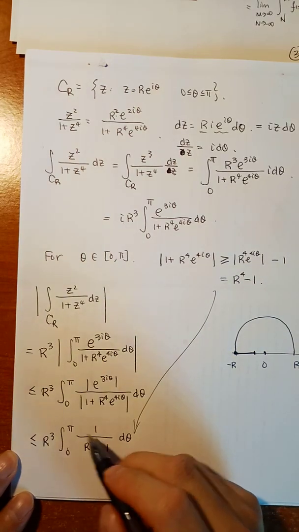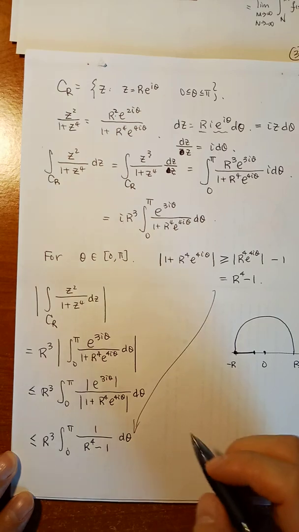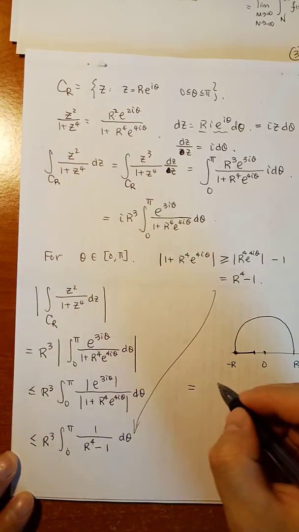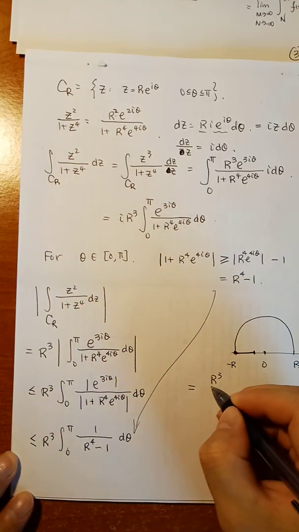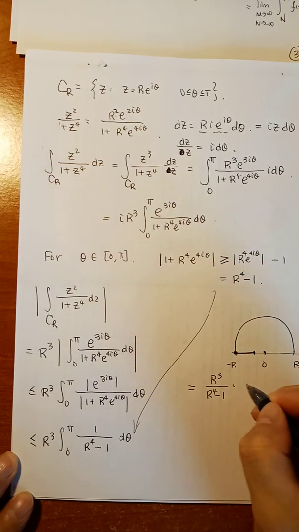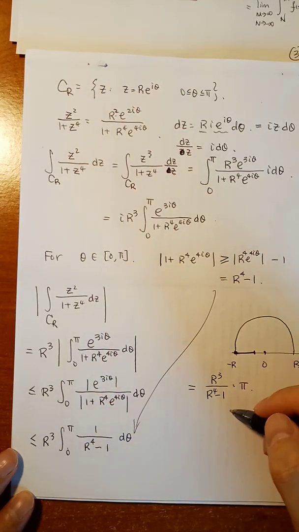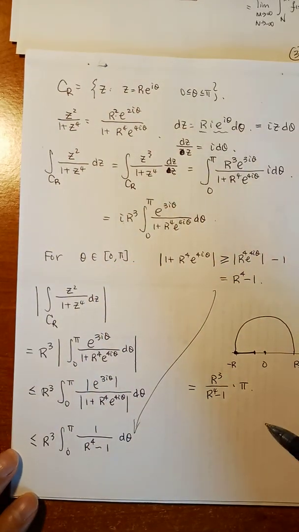And this is constant, so the integral of a constant means this constant times the length pi. So it's equal to R cubed over R to the 4 minus 1 times pi. So this is an estimation. The absolute value is always less than or equal to this.